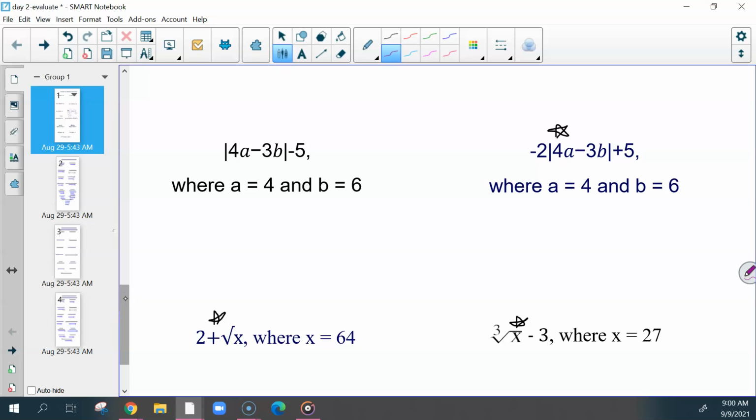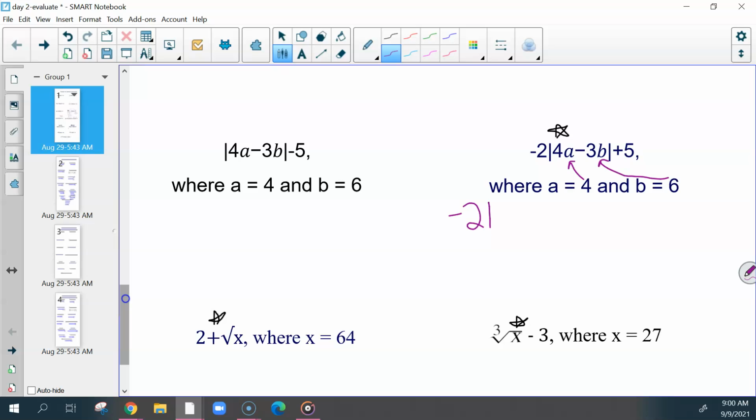So we can do it by hand so you see what that would look like. We now have 2 variables and we're given 2 different values to evaluate with, which means we need to put both of them in where A equals 4 and B equals 6.